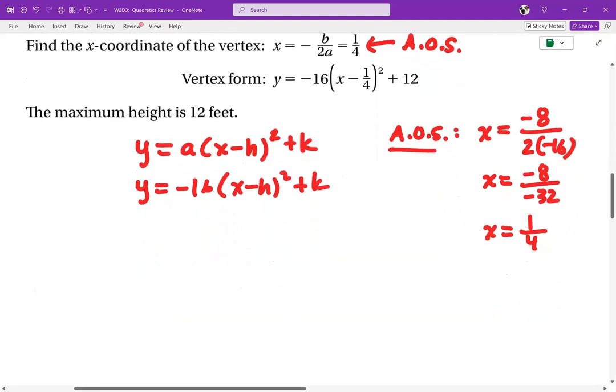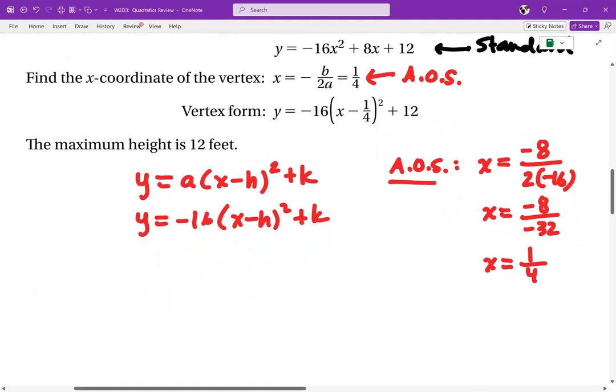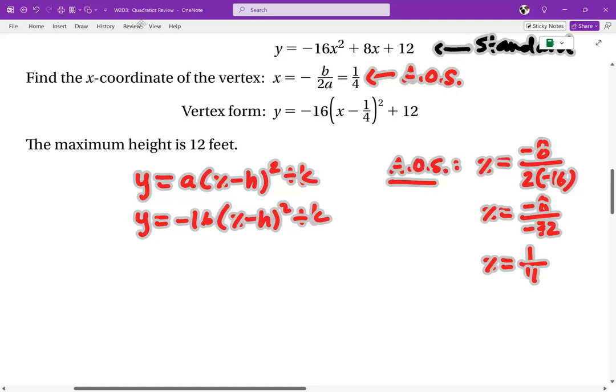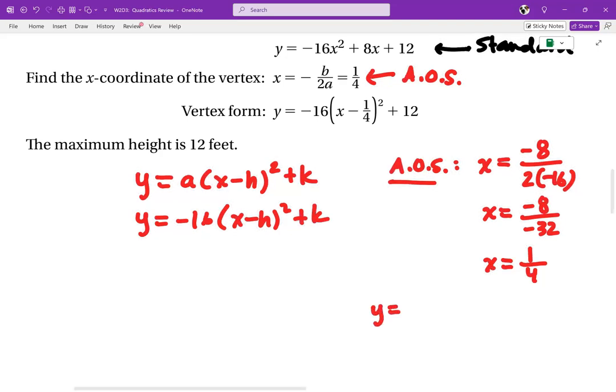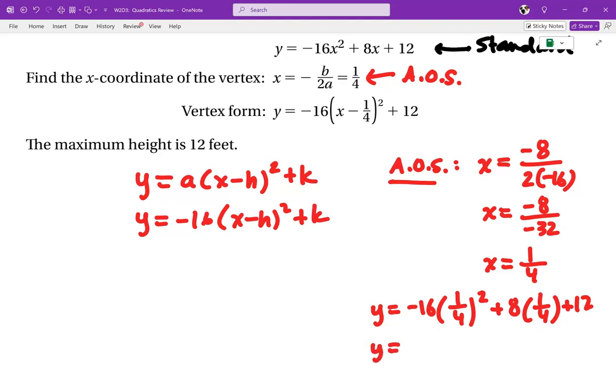Well, if my axis of symmetry is 1/4, let me plug it into the equation. y equals negative 16 times 1/4 squared plus 8 times 1/4 plus 12. 1/4 squared is 1/16, sorry.